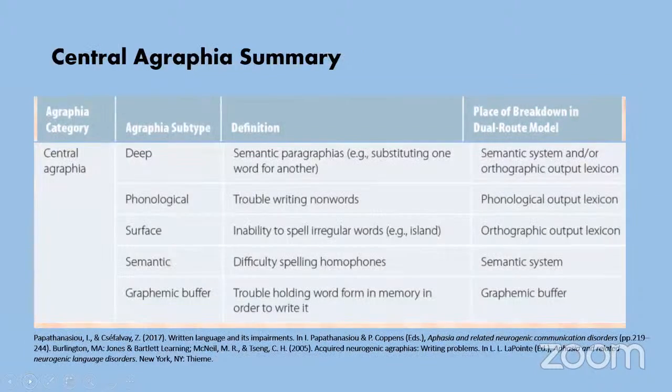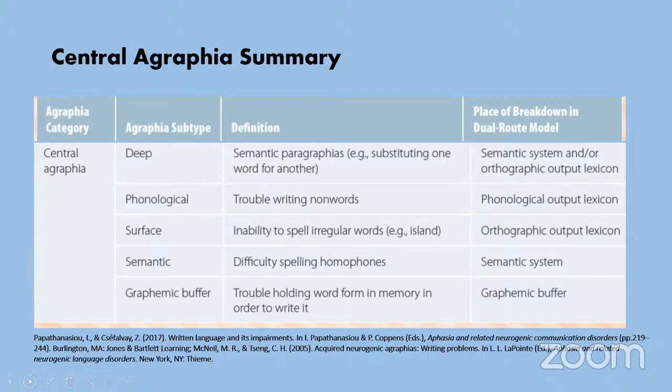In central agraphia, there are deep, phonological, surface, semantic, and graphemic types; semantic and deep are almost the same. Semantic paragraphia is substituting one word for another. The semantic system and orthographic output lexicon are defective in the dual route model. In phonological agraphia there is trouble writing words; the phonological output lexicon is defective.